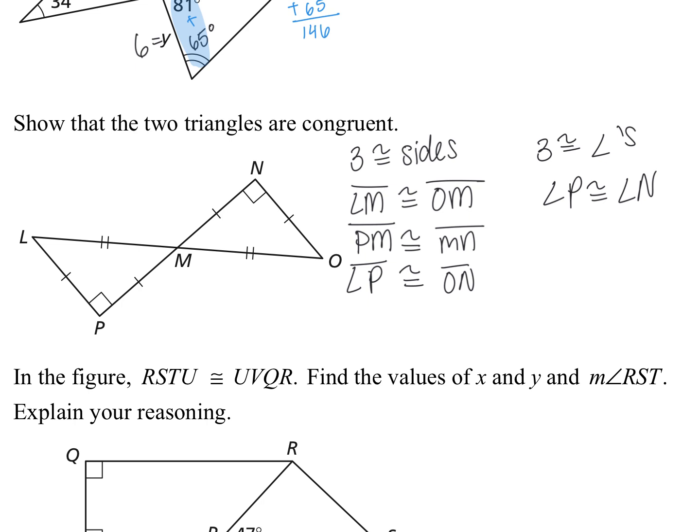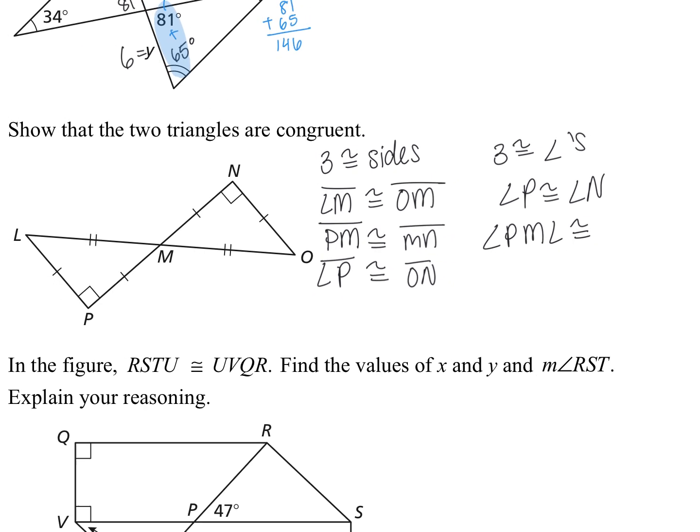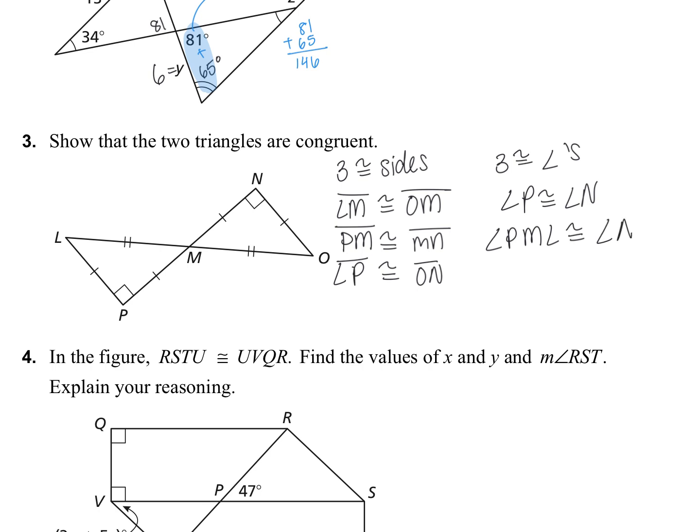All right, what do I also know? Okay, I cannot say angle M and angle M, so I have to state the angle using 3 points. I'm going to state it as angle PML, and I have to write it the exact same way for the other one. Is congruent to angle NMO. I'm still stating this specific angle, but I'm stating it using 3 points.